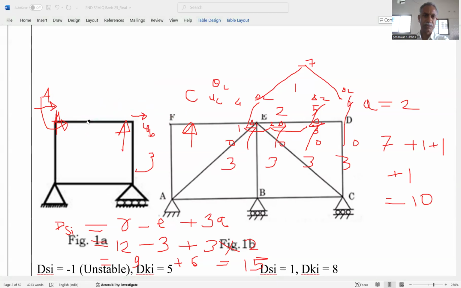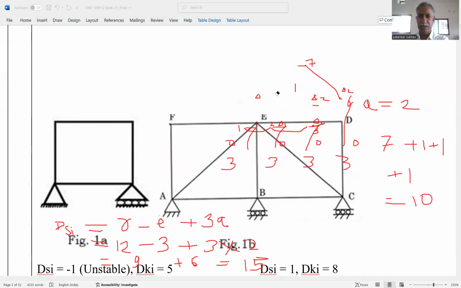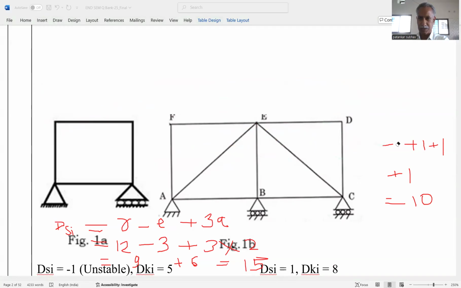For external redundancy, again we have used the same equation, R minus E. But for the internal redundancy, we have considered the basis of the number of joints and number of members available.